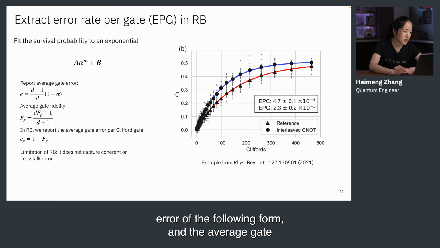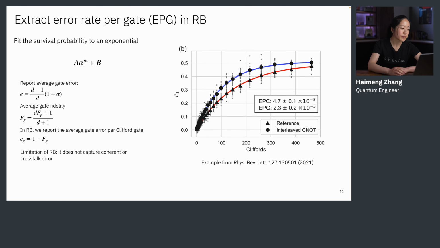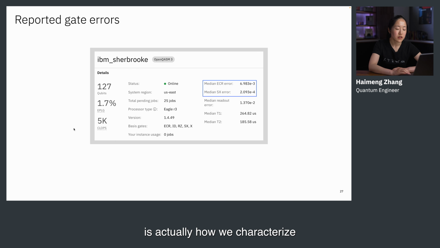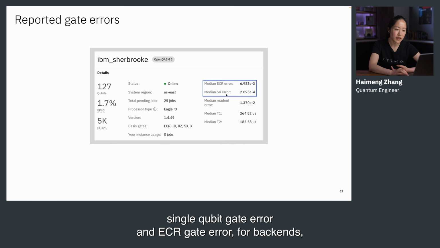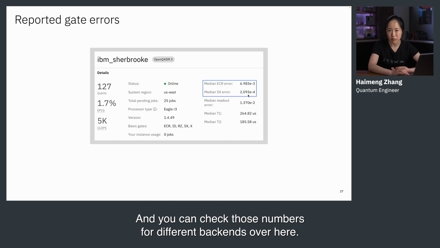And the average gate error can also be related to average gate fidelity or the process fidelity, which is more mathematically well defined. The RB experiment is actually how we characterize single qubit gate error and ECR gate error for backends. Those metrics are reported on our IBM quantum platform, and you can check those numbers for different backends.